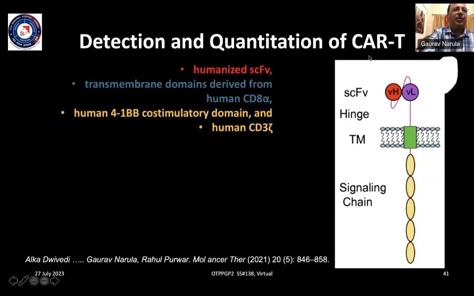So first, how do we detect CAR-T? One is that we have the CAR-T construct. If we know the scFv domain specifically, we can have a specific antibody to that and tag it on the flow cytometer, or you could detect it by PCR. Those are the two ways that we can detect it.